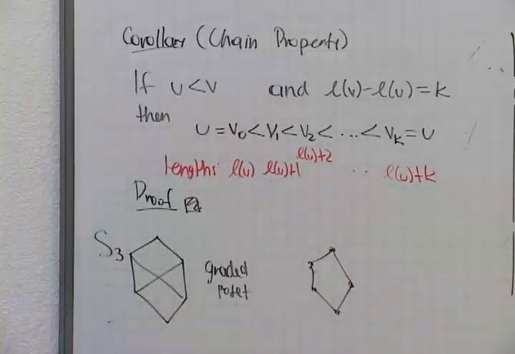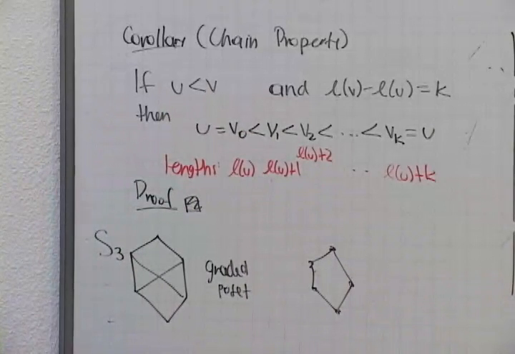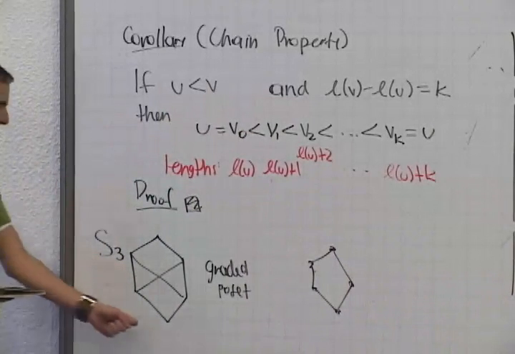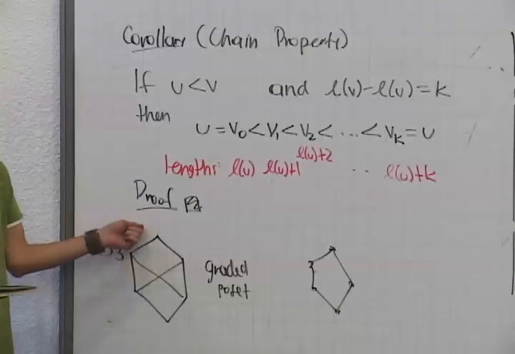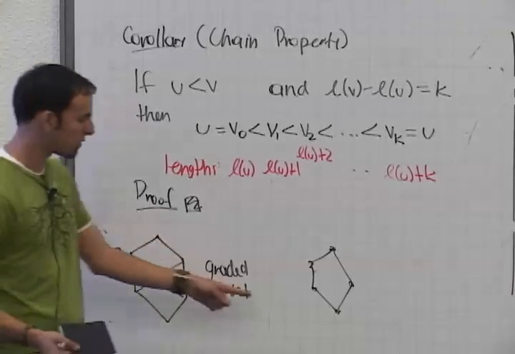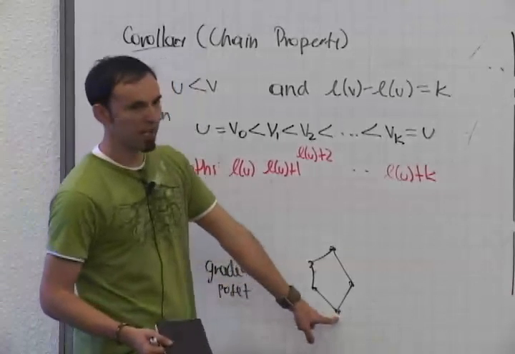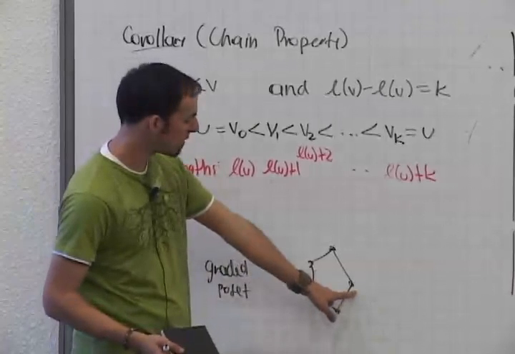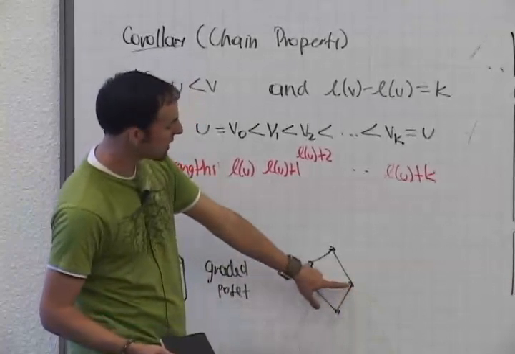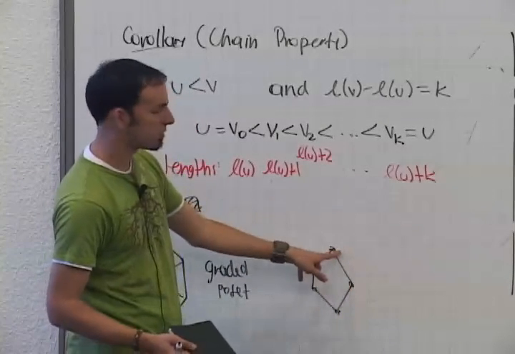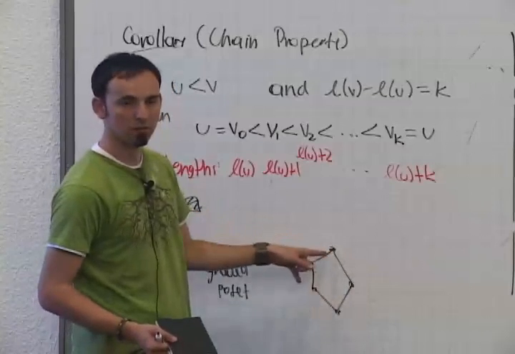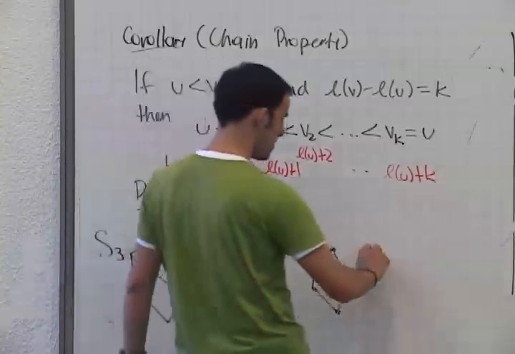Okay. Here I have a very well-defined notion of height. Height 0, height 1, height 2, height 3. But here I don't, because if I define this to be height 0, then these two should be height 1, then this one should be height 2, and now should I say this is height 2 or height 3? This is called not graded.